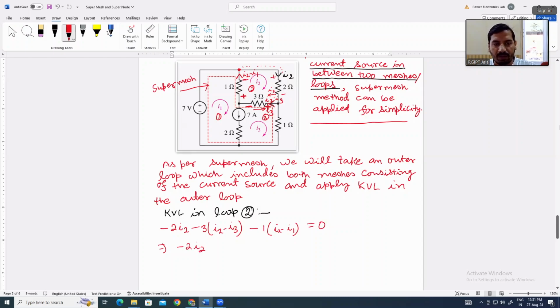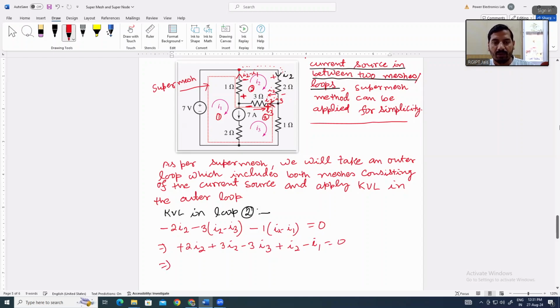So all are minus, so we can take minus common and send it to the right side of the equal sign. It will be plus 3I2 minus 3I3 plus I2 minus I1 is equal to 0.